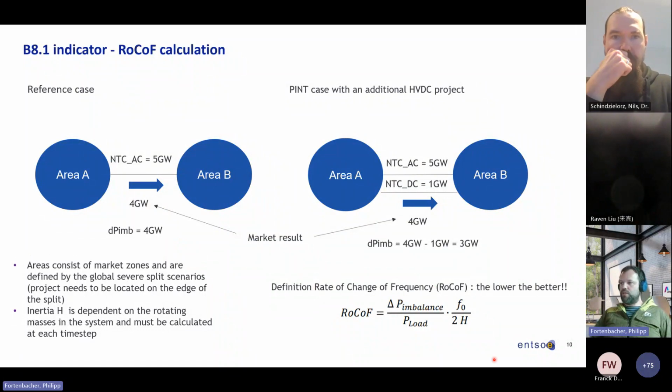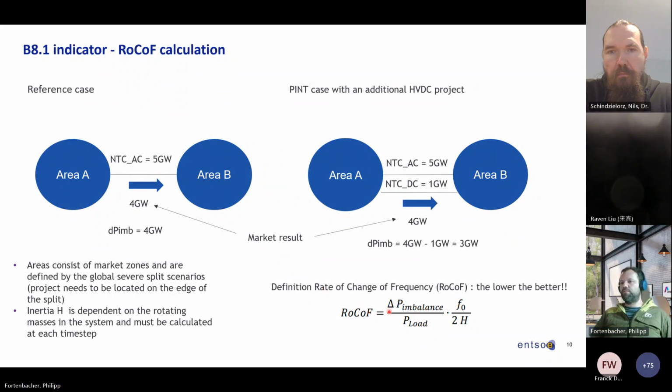Here you see the equation for the RoCoF. The greater the imbalance, the higher the RoCoF will be. And if we have a project that reduces this imbalance between these two areas, then we can reduce the RoCoF, which is then better in terms of stability. That's why we use the RoCoF to measure, as it gives us a proxy for the stability, right?